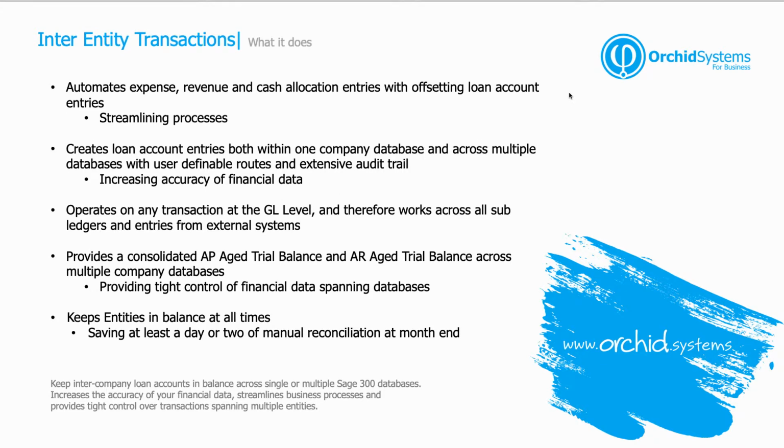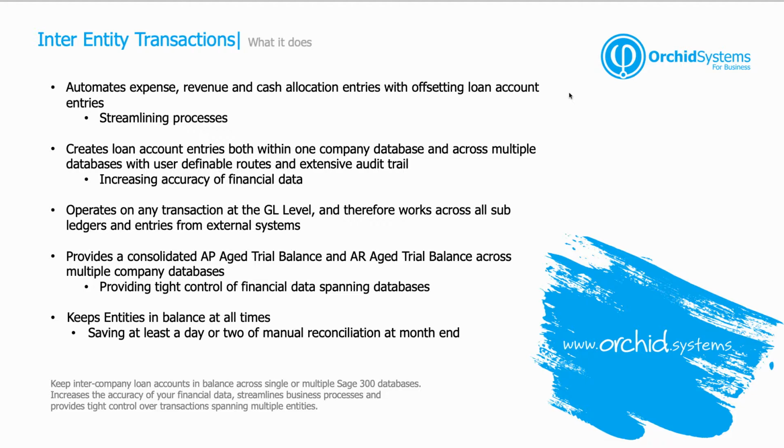So with the inter-entity transactions, we can automate expense, revenue, and cash allocation entries with offsetting loan account entries. It creates loan account entries both within one company database and across multiple databases with user-definable routes and extensive audit trail.